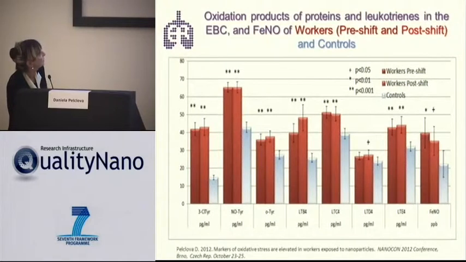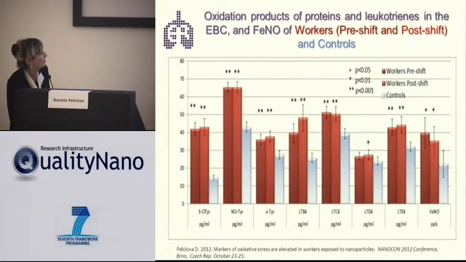Here are the results of proteins change, also significantly elevated in both the pre-shift and post-shift samples of the workers, and also all these markers of inflammation, leukotrienes, were elevated, excepting LTD4 pre-shift in the workers.